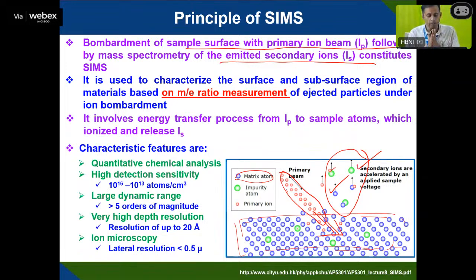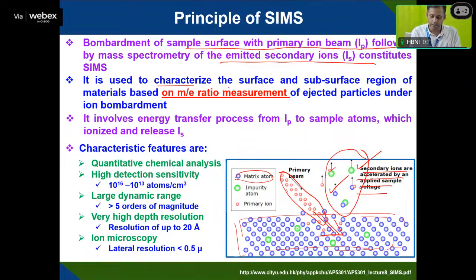So we bombard the sample surface with primary ion beams, and after bombardment, different secondary ions come out. We detect those ions by secondary ion mass spectroscopy.